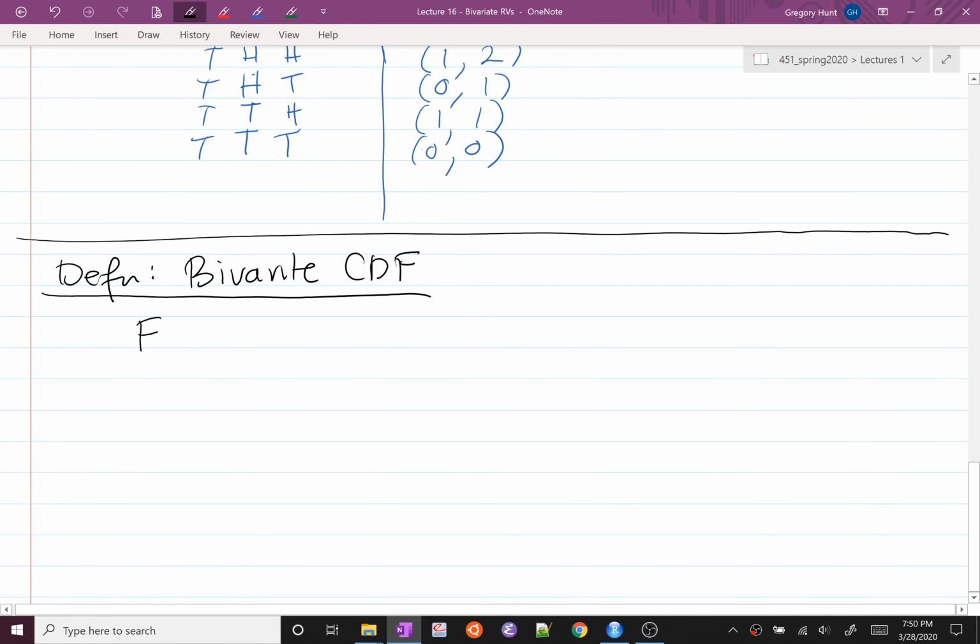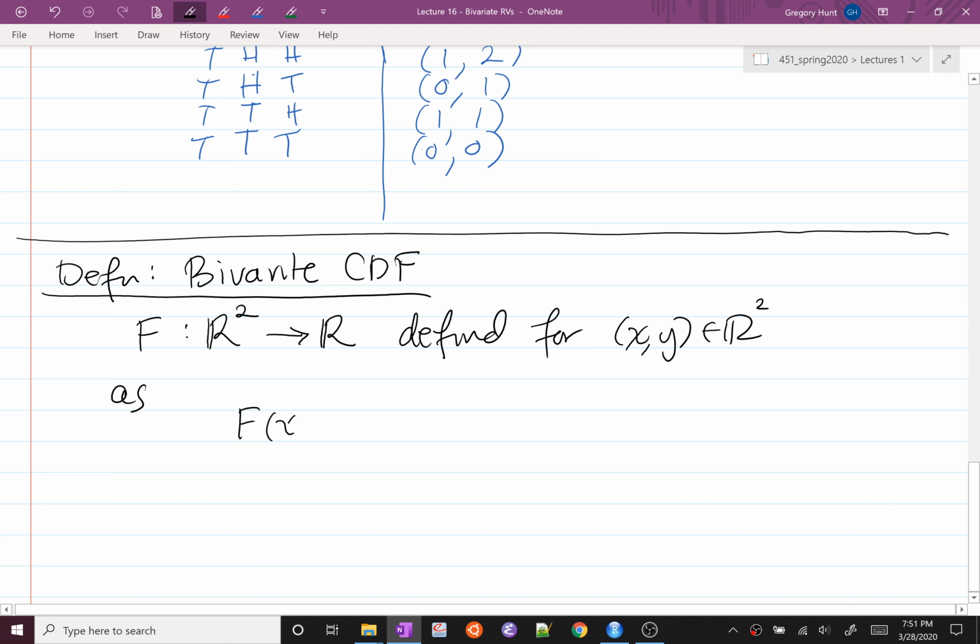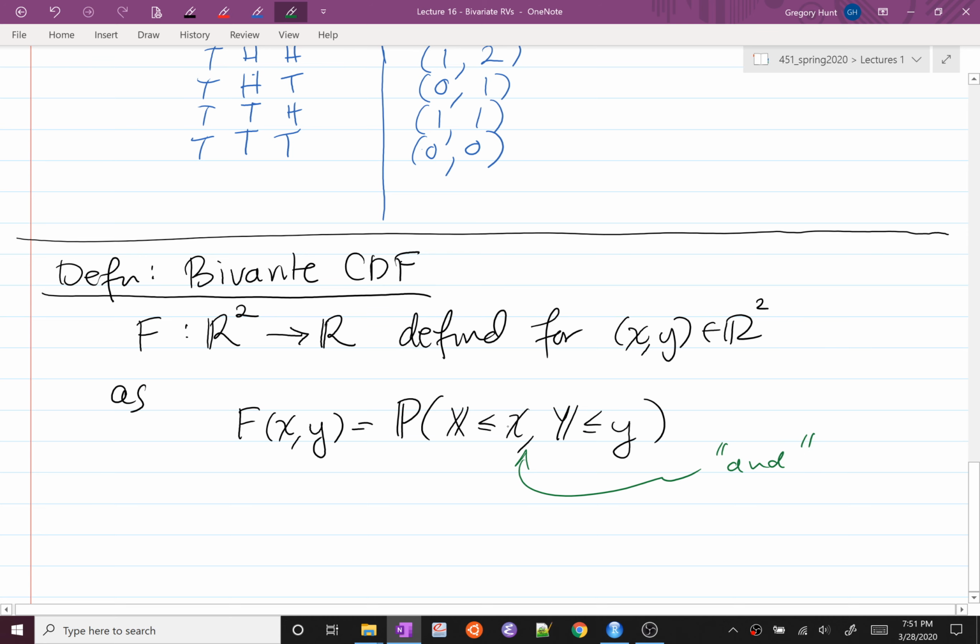And this is going to be a function F, and now instead of going R to R, it's going to take in numbers in R2 and produce a number in R. And it's going to be defined for any pair x, y in R2 as F of x comma y is the probability X is less than or equal to little x and Y is less than or equal to little y. And the comma here, again, we can read this comma as and. So it's the probability that X is less than or equal to little x, Y is less than or equal to little y.